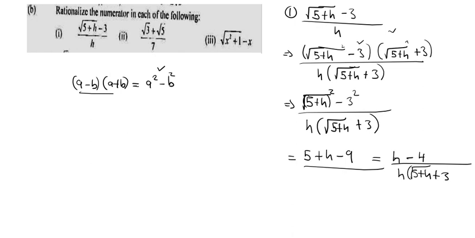Okay, then that is it. So this is the answer you needed. You say h minus 4, then h, open bracket, then we have root of 5 plus h plus 3. That's what you needed to actually get it correct.